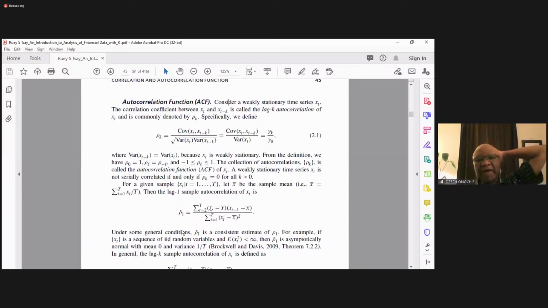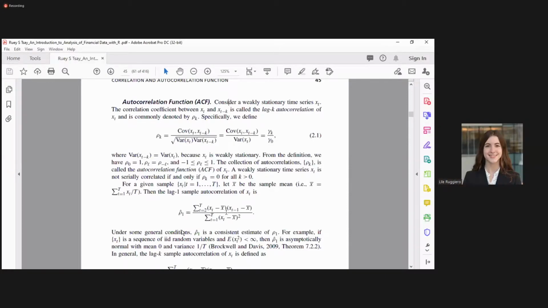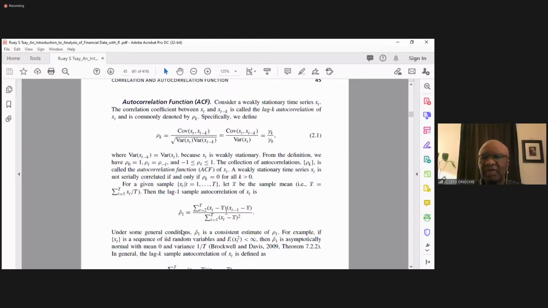Then you subtract x bar from each one, and then multiply by the lagged one minus x bar. We did all of this on Excel last week, remember? Yeah. Okay, good. So this is the equation for what we did. All right, so let me move on. When you read this page and all these symbols, don't freak out, okay? It's exactly what you and I did on Excel.